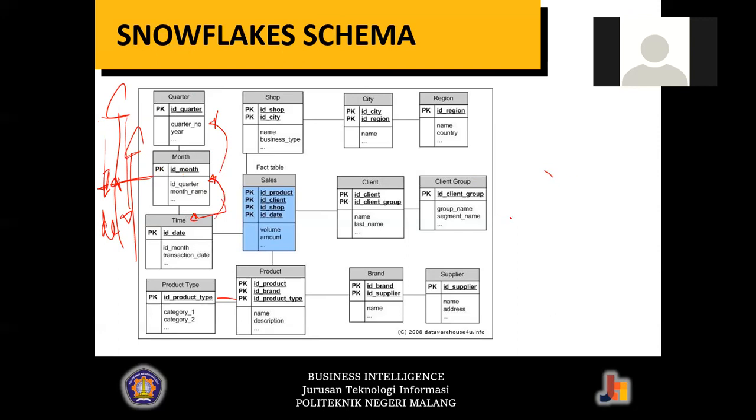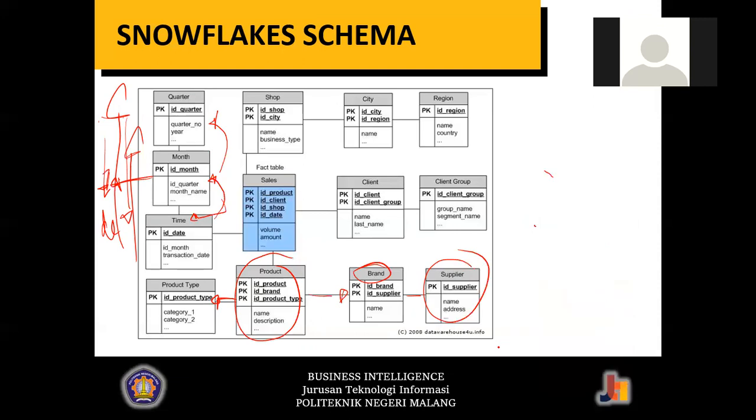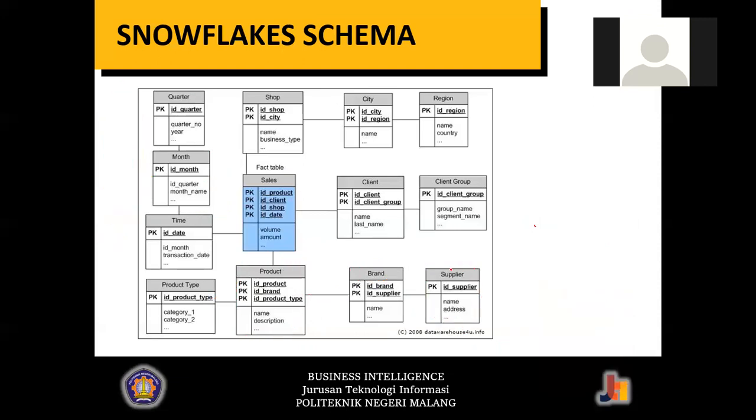It is okay. Like this one, product being divided into product type, then brand, and then the brand will be divided based on the supplier. So it is okay to have multiple relationships. That is why this kind of schema is called a snowflake, because the dimension has another dimension relationship.